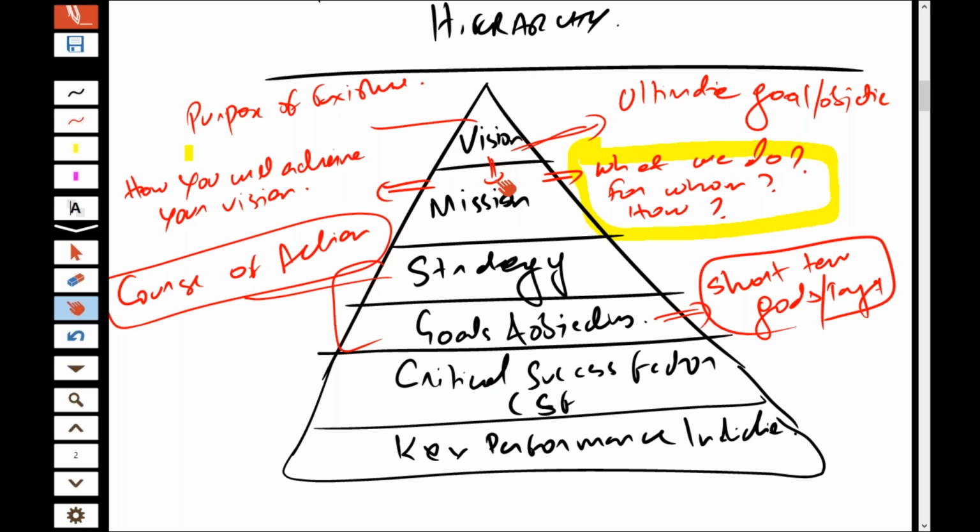The ultimate goal is there, then there is a mission, which tells you how you would achieve your vision. Then there is a course of action that's being taken. And in order to achieve that course of action, various short-term goals and objectives are set. And then a very important thing comes into play, and that is termed as CSF, and that is termed as a KPI.